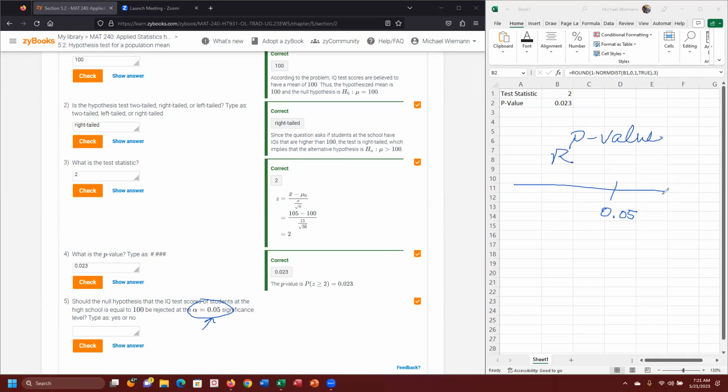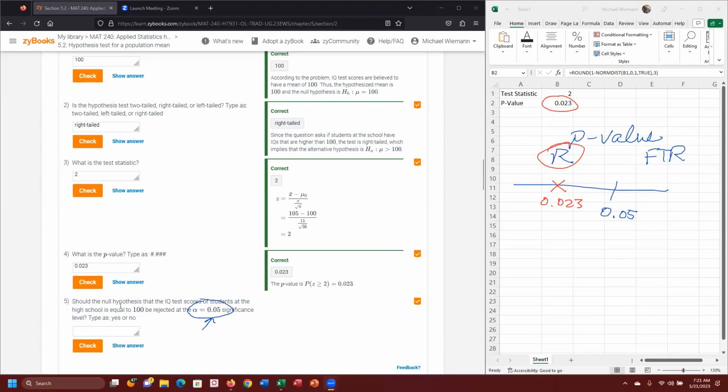If it's greater than 0.05, or whatever that level of significance is given to you inside the problem, we do what I call an FTR, fail to reject. For our value here, the 0.023 resides here. If you look at it from a number line perspective, 0.023, we are rejecting the null hypothesis.